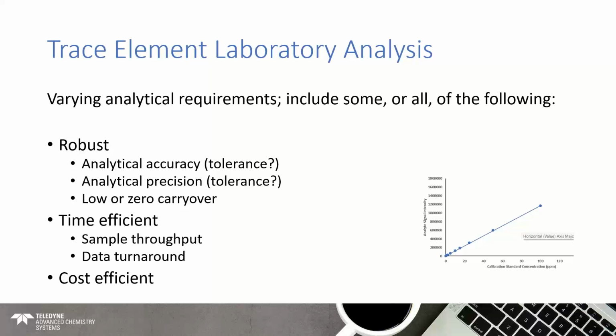Carryover as well, low or no carryover is also an important part of robustness because it plays into accuracy and precision. So we want to make sure that we have next to no carryover, we have thorough washout between samples, so that our subsequent samples are not then affected and we don't have poor accuracy and precision.